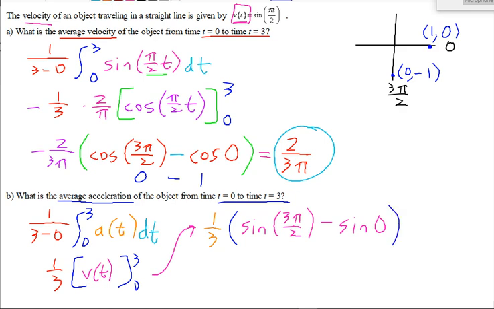And the sine of 3 pi over 2, we've already drawn here, you can see it's -1. Minus sine of 0, you can see there's a y-coordinate 0. So that's -1 times 1/3 gives you -1/3. And again, we don't have the units for time here. So this would be units per second squared, units per minute squared, units per hour squared, we don't know. So we just leave it -1/3.